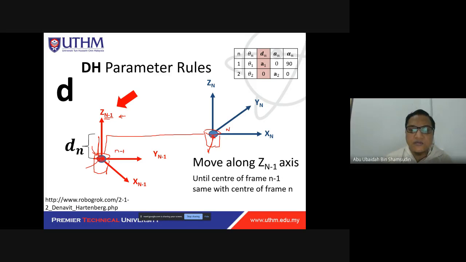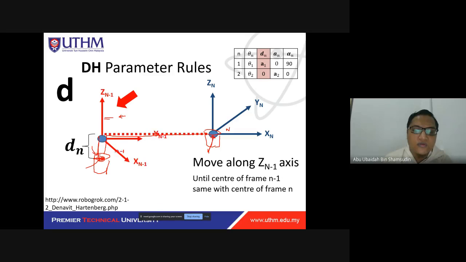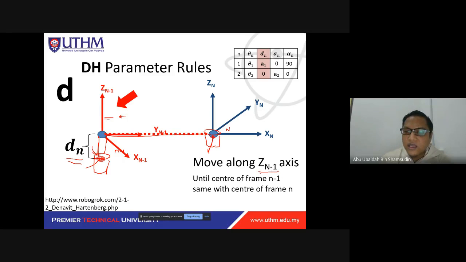You just move this one going up here, and that movement of distance is the D. You just need to remember that you need to move on the Zn minus 1 axis.